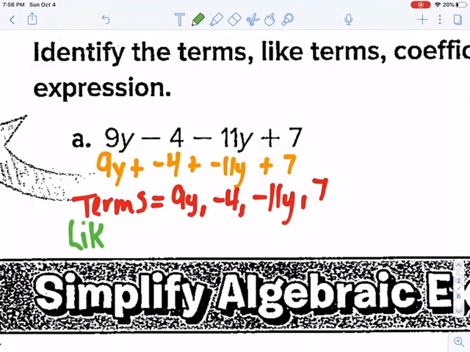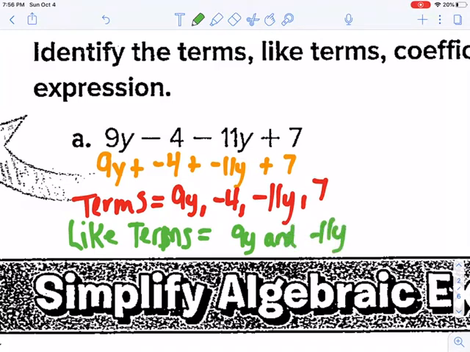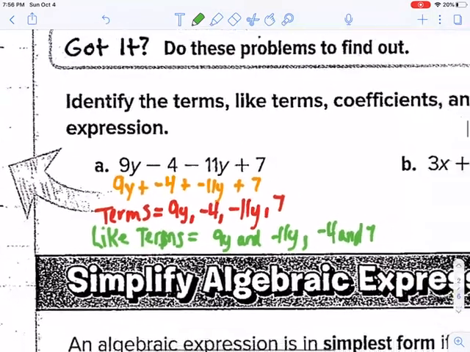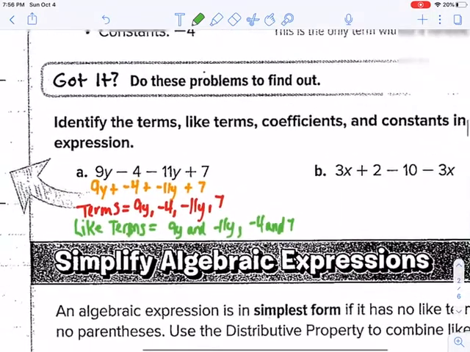Your like terms are the ones you can combine. So we can combine 9y and negative 11y. You can also combine negative 4 and 7. They're like terms too because they're your constants that you can combine.